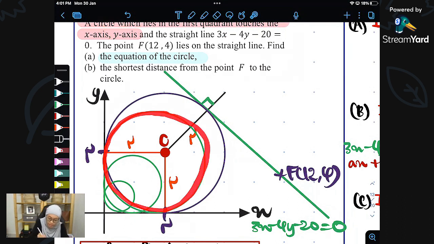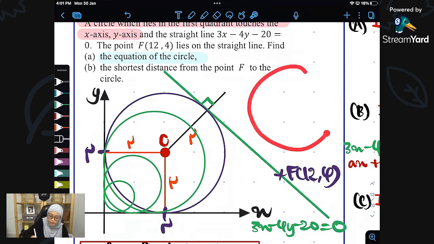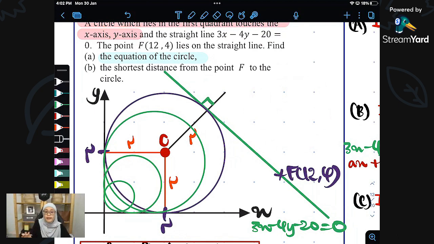And you will see a very symmetry circle. We didn't call it symmetry because it's already symmetry, because whatever the circle is, the radius must be the same, isn't it? That is the fact. And so when the circle gets bigger, we know that there is the radius r.